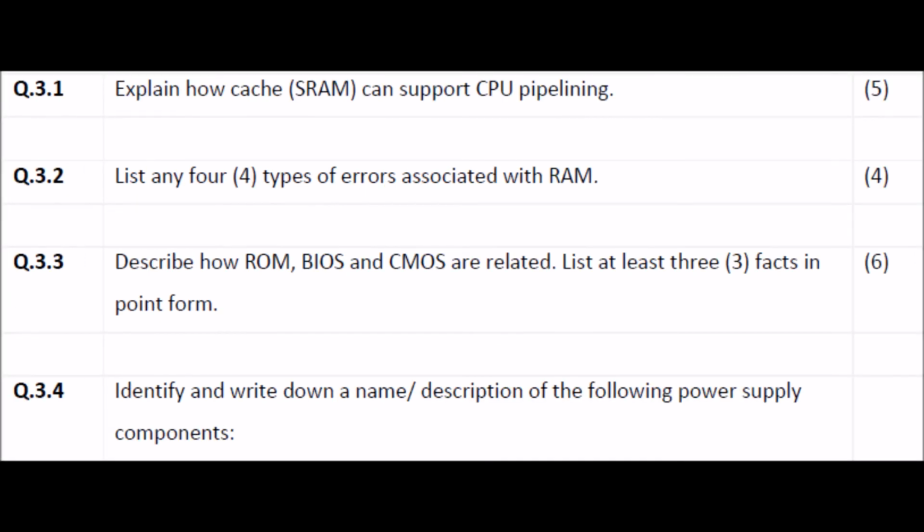And then if you look at question number 3, again, another 20 marks for you there. And with this particular question now, they're looking at explain how cache, and remember, cache is also known as SRAM, or static random access memory, how can it support CPU pipelining.